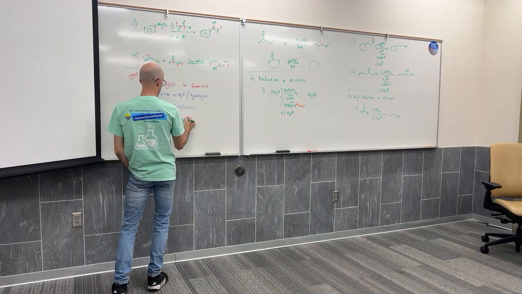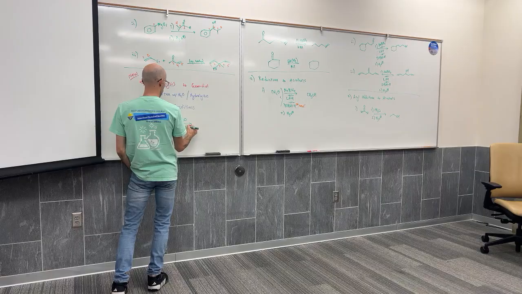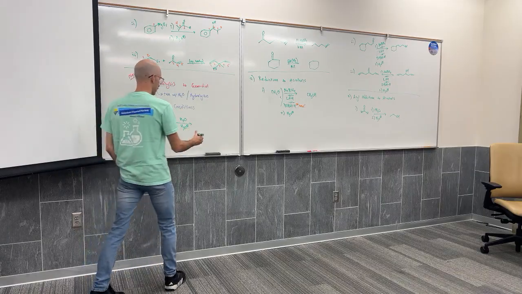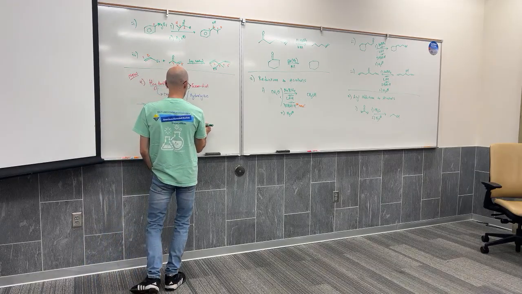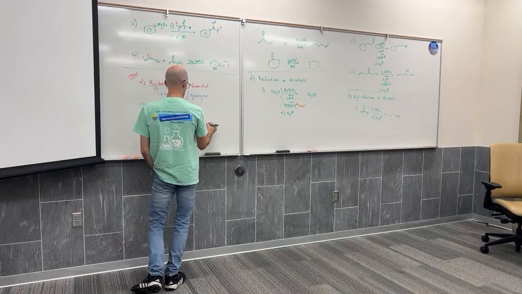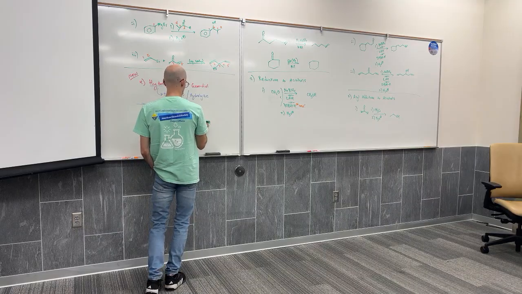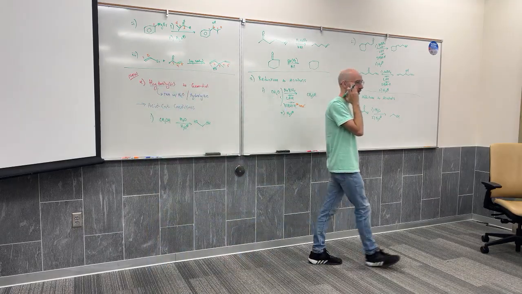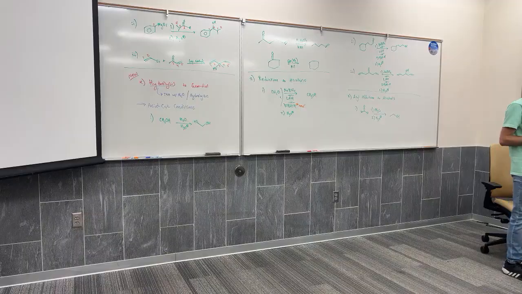So if I take formaldehyde and I put it in a solution of water and acid, I'll make methane diol.